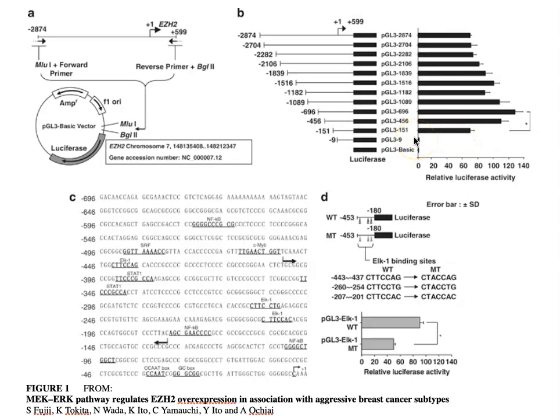So where is the promoter site here? Between base 9 and 696. So it's about 600-700 nucleotides.